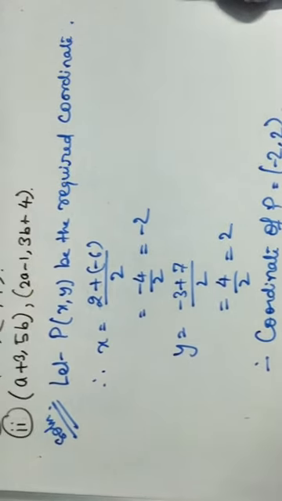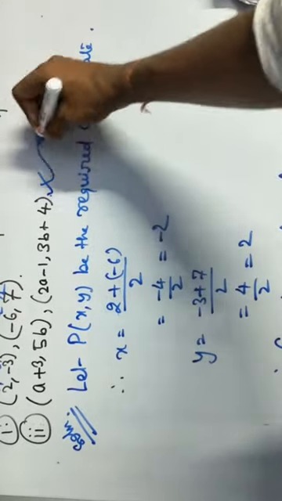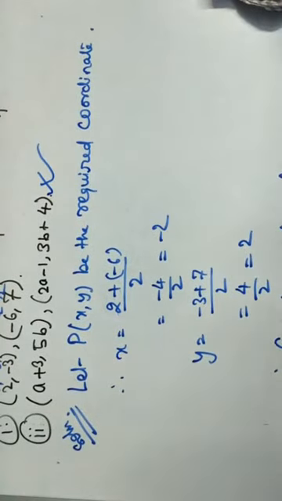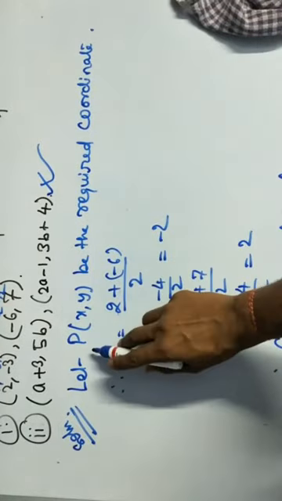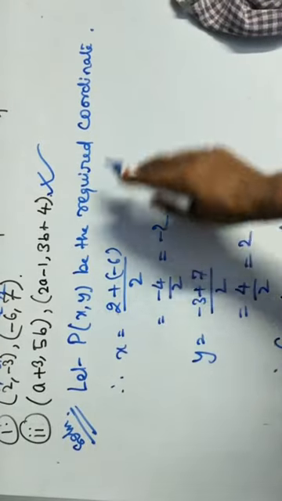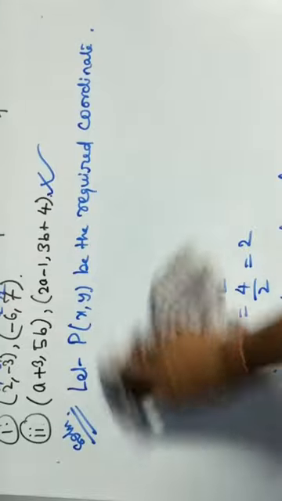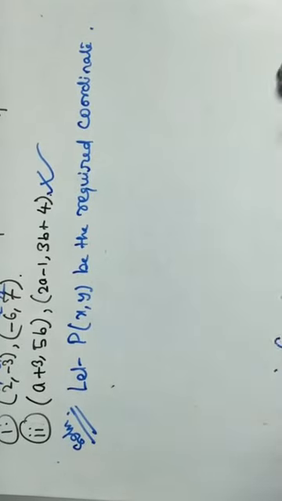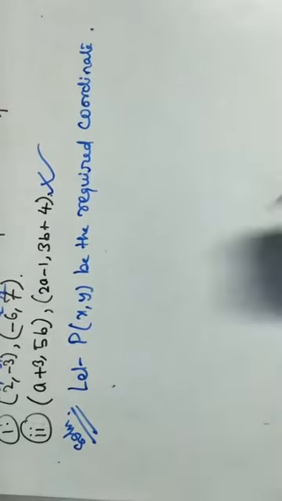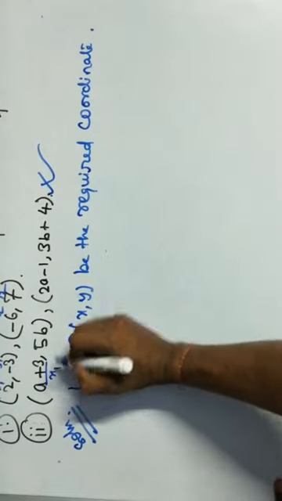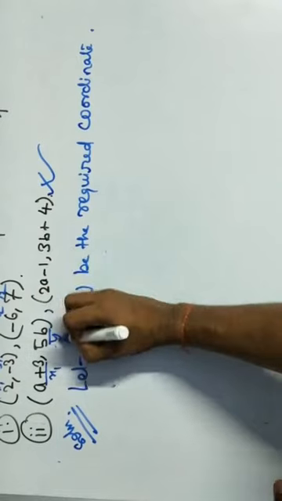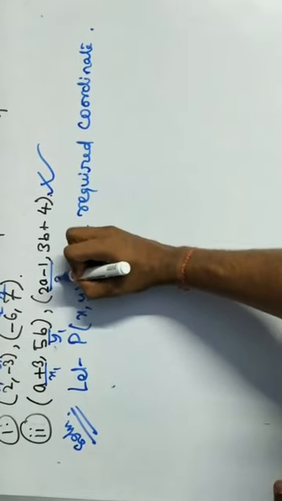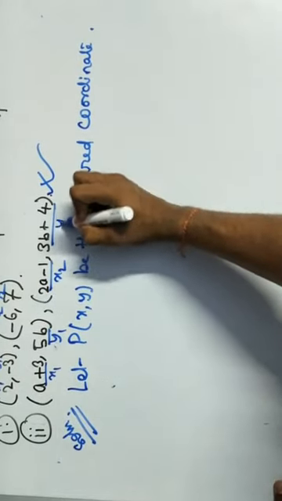Now next, let's move on to question number 2. Here also we will assume let P(x, y) be the required coordinate. Only the abscissa and the ordinates are going to change this time. a plus 3 is x1, 5b is y1, 2a minus 1 is x2, and 3b plus 4 is y2.